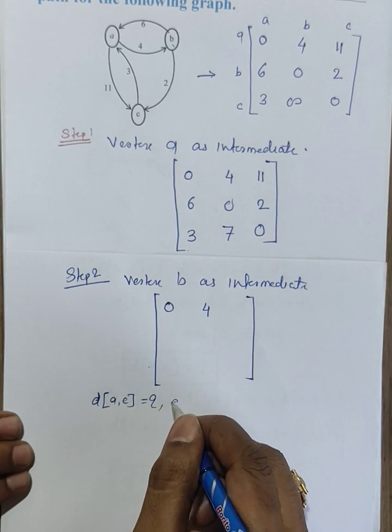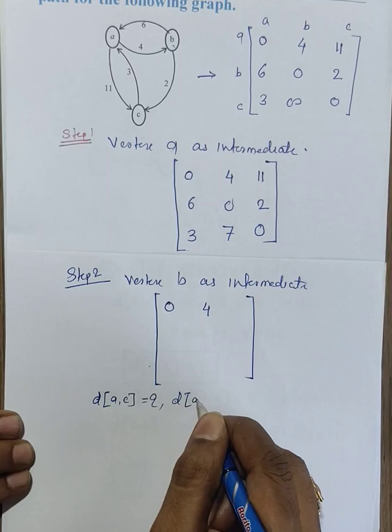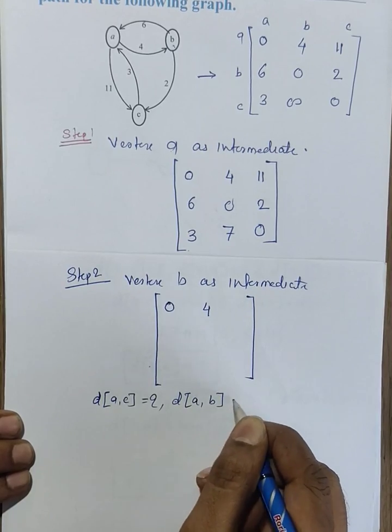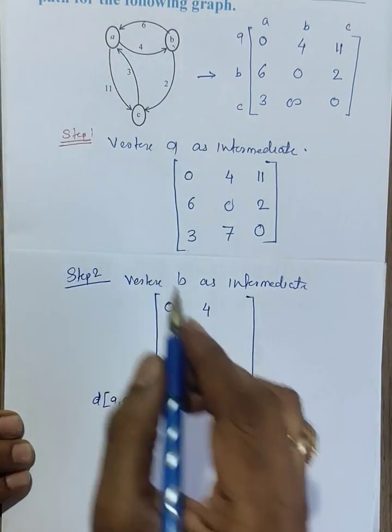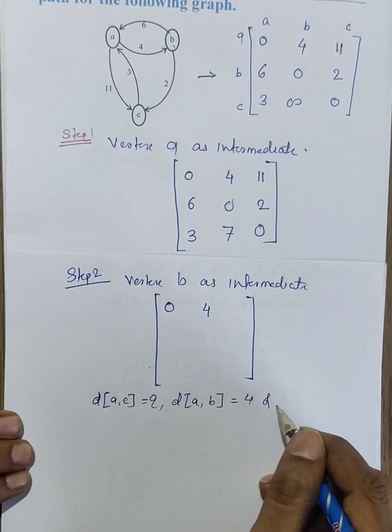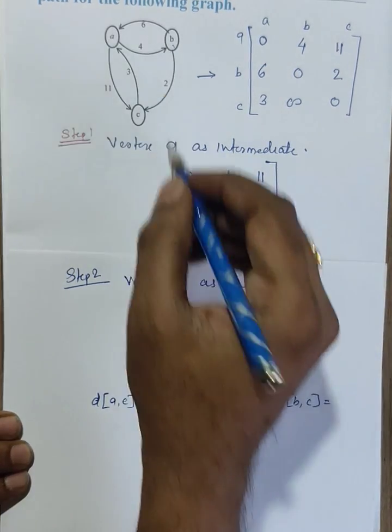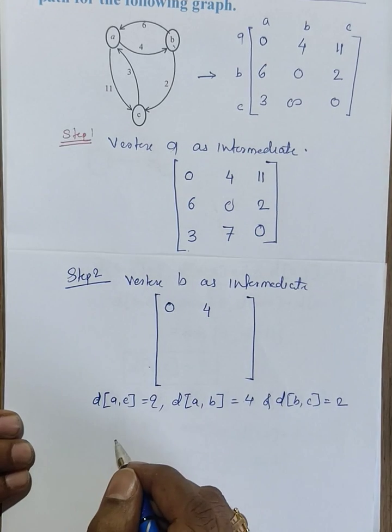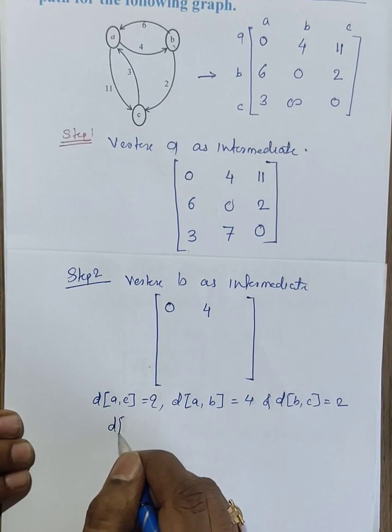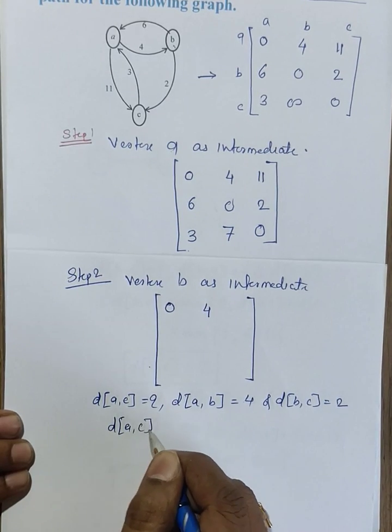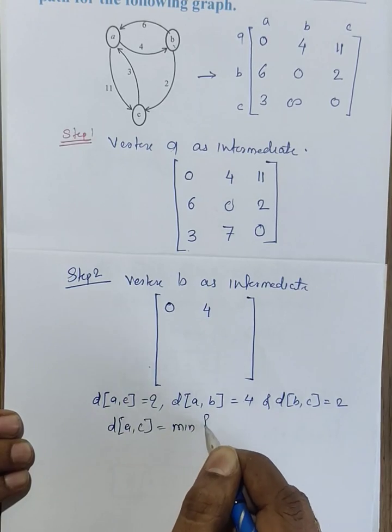And using B means we know distance from A to B. A to B is 4. A to B is 4. And distance B to C. B to C is 2. And we have to find distance from A to C equal to minimum distance.